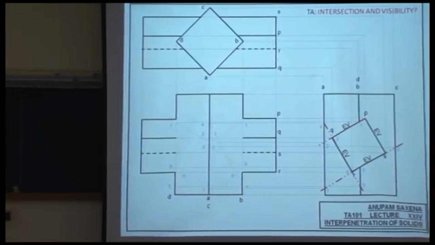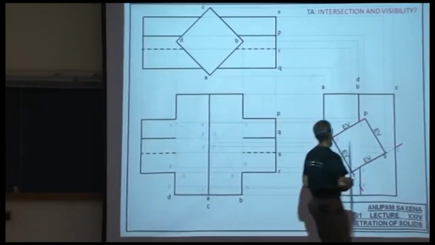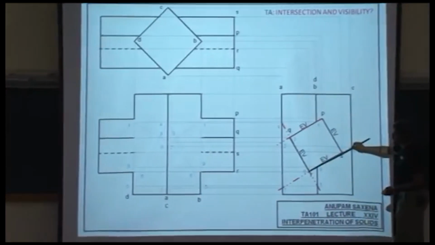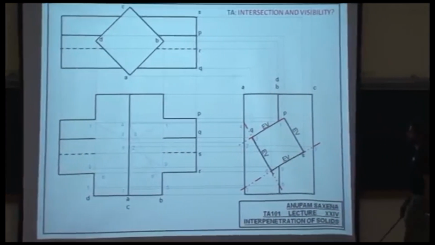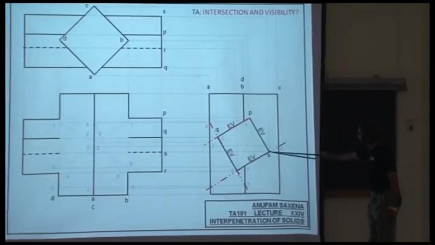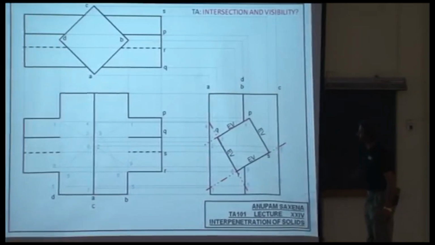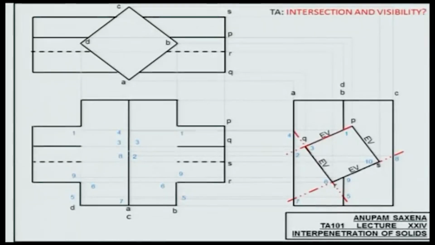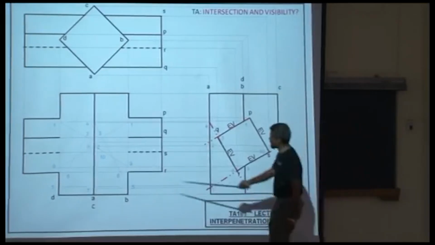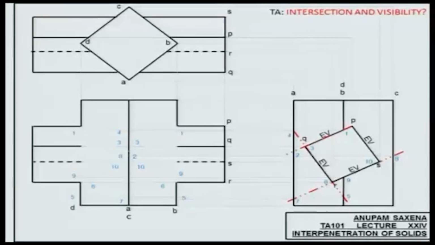And the actual intersection line will be the line joining points 8 and 9, there and there. But this one is the actual intersection point. If I project that, identified as 10, point number 10 is here and here. Messy, already messy.